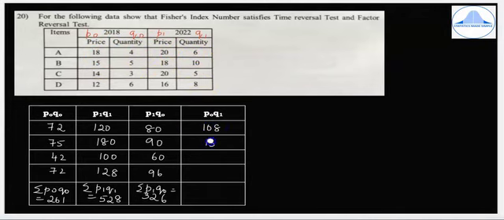Next is 150. Then you have 70, 96. When you add up these, you will get summation P0 Q1, which is equal to 424. So do these computations correctly. Out of 10 marks, 4 marks are for all these totals.